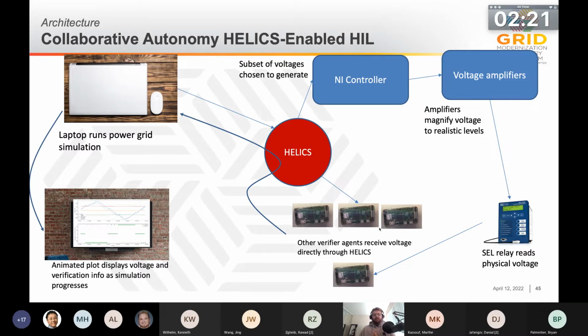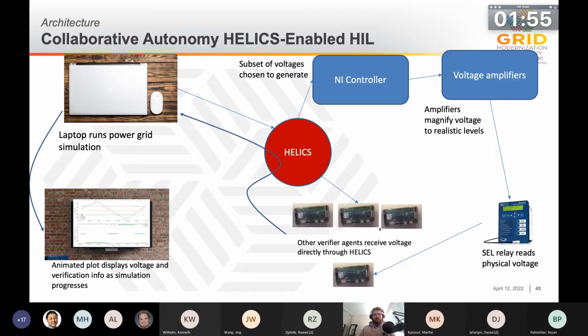We then run the simulation on a laptop that has GridLAB-D running on it, as well as a Helix broker. Using Helix, we put a federate on our National Instruments controller, as well as any type of plot diagram that we want to use to visualize what's going on inside the simulation, and share the voltages across all of those different federates.